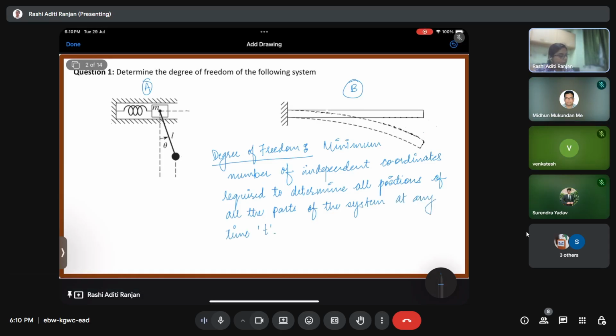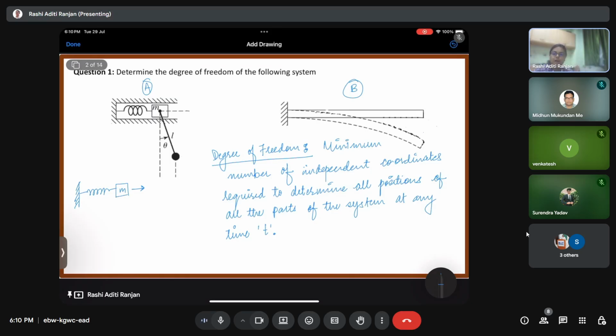For example, if I have a spring connected to a mass, and it is oscillating like this, moving in this direction, then what is the degree of freedom? 1. I have one mass which is moving only in one direction. It cannot move in the y direction, it cannot move in the z direction, neither can it rotate.